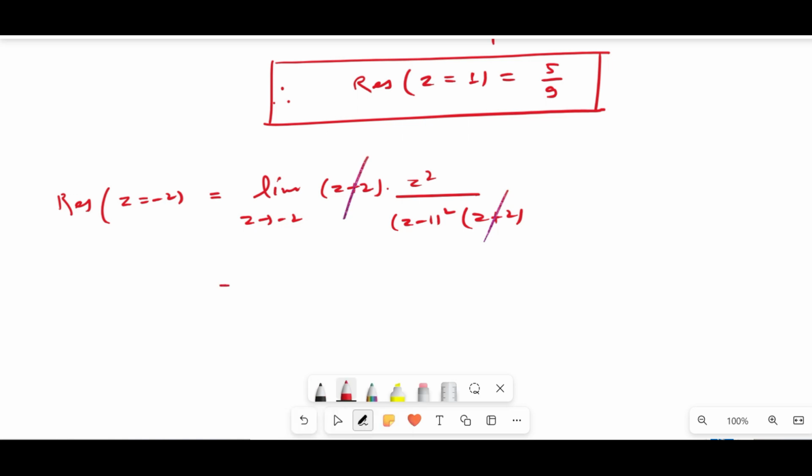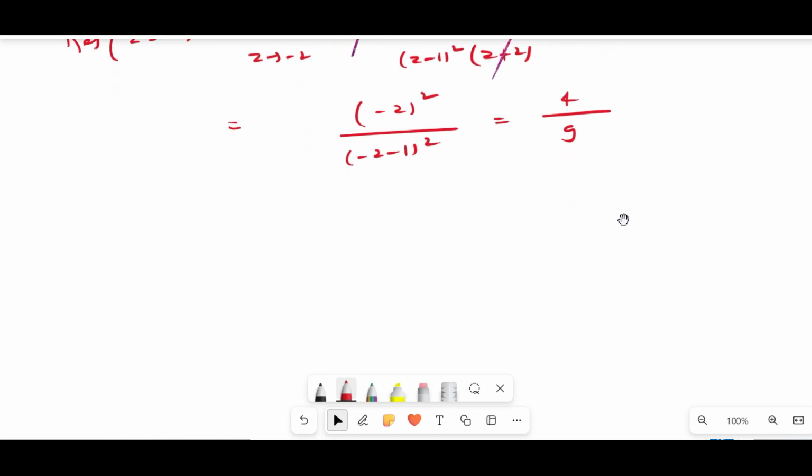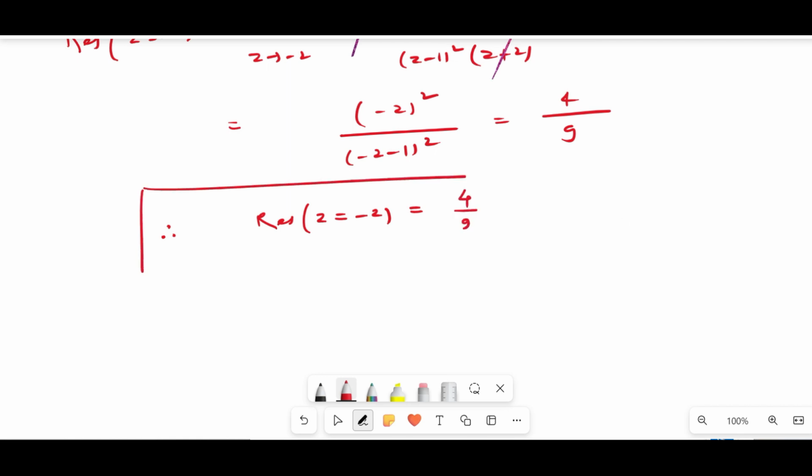So now further this value is equal to, we can put the limit directly here, that is -2 to the whole square over -2 minus 1 whole square, that is 4 over 9. So therefore the value of the residue at z is equal to -2 is equal to 4 over 9, and this is our required answer.